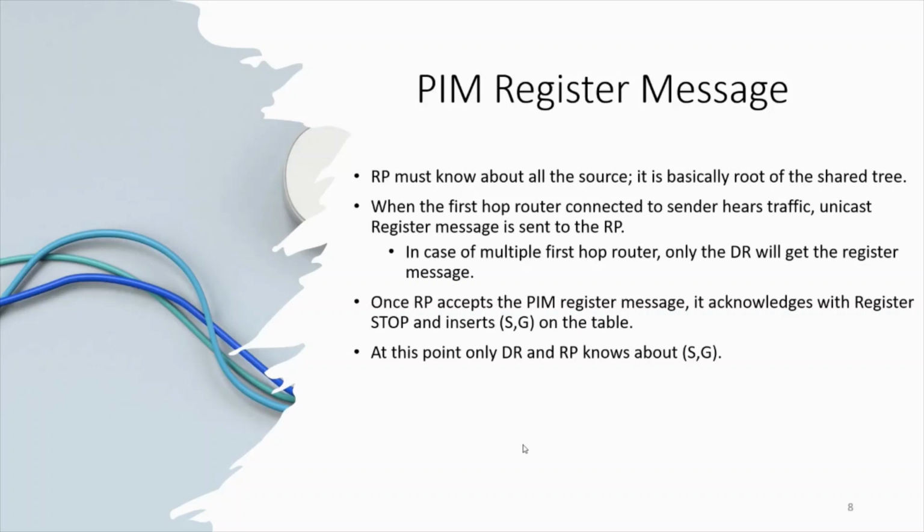Once the RP accepts the PIM register message, it sends an acknowledgement to the sender by sending a register stop message, and it will insert an S comma G entry in the routing table. So at this point, only the designated router and the RP know about the source and the group, and the S comma G entry is published in their routing tables.